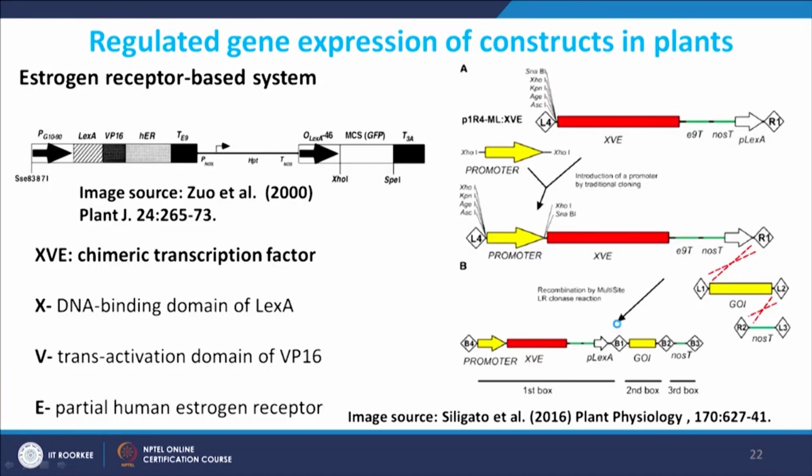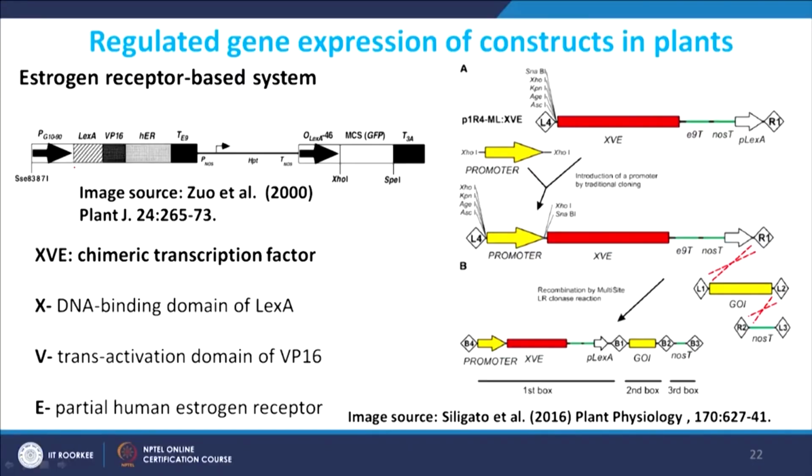Another very important technique which is being used to regulate both temporal as well as spatial expression simultaneously is the XVE based system, or estrogen receptor based system. So, here basically one chimeric transcription factor has been generated. This XVE is a chimeric transcription factor.